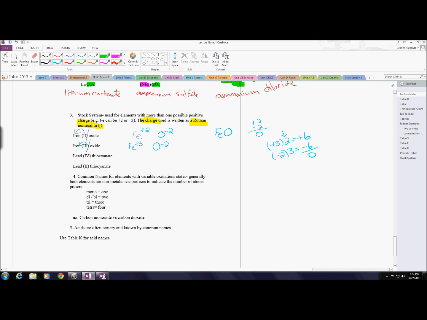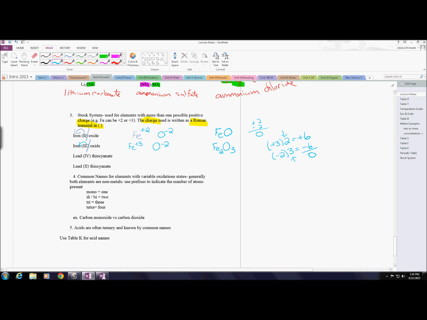The number of +3 iron ions I need to get my least common multiple of +6 is 2, so Fe2. The number of -2 oxygen ions I need to get my least common multiple of -6 is 3, so O3: Fe2O3.